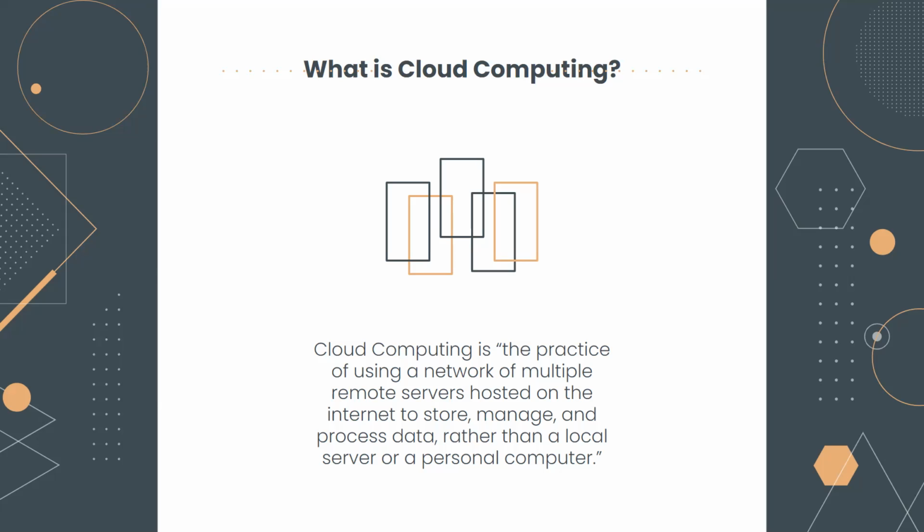And in fact, in the early to late 2000s, Amazon actually realized that they had too many of these servers lying around that weren't getting used. So the question immediately became, what do we do with them? And their answer was renting them out to other companies that needed servers but didn't have them.